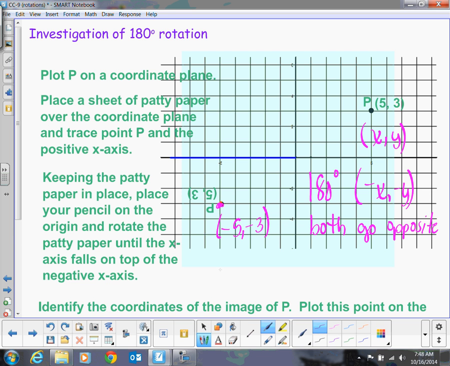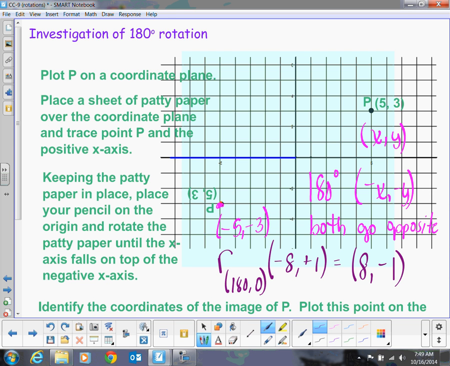So if I ask you for a rotation of positive 180 about the origin of, let's say, -8, +1, what would its rotation be? Well, 8's already negative. +8, -1.